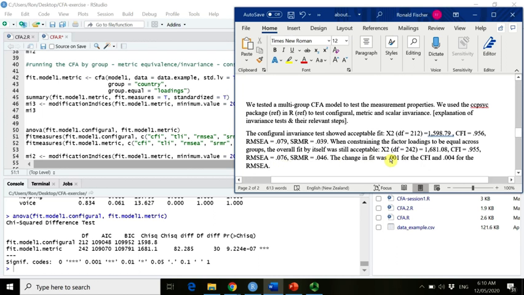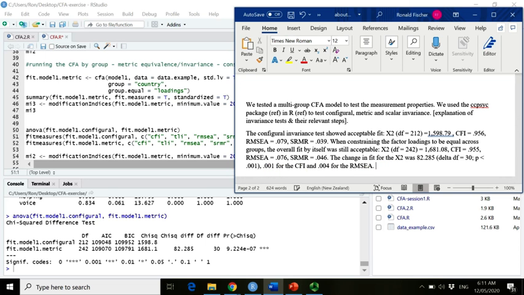The change in fit was, in this case, 82.285. Delta degrees of freedom is 30 here, and p is smaller than 0.001. So basically our sentence: the change in fit for the chi-square was significant, 0.01 for the CFI and 0.004 for RMSEA.